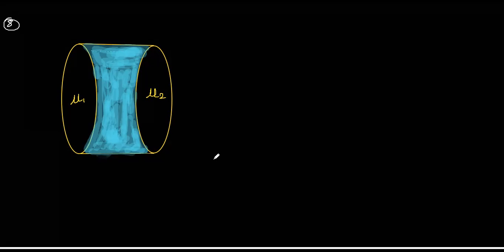Okay, so something like this. And now this one is R2, this one is R1, and here it is R1 dash, and this is R2 dash for this surface. And this is liquid, so the refractive index of the liquid is mu l.